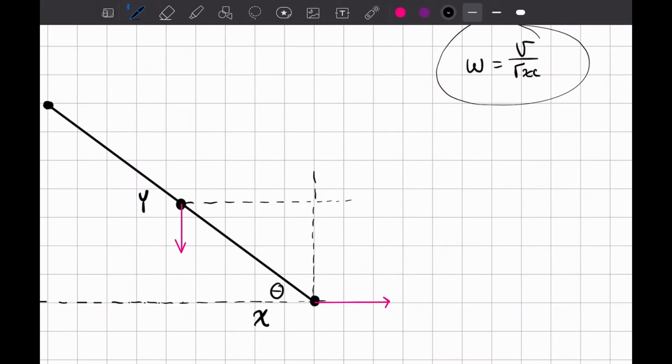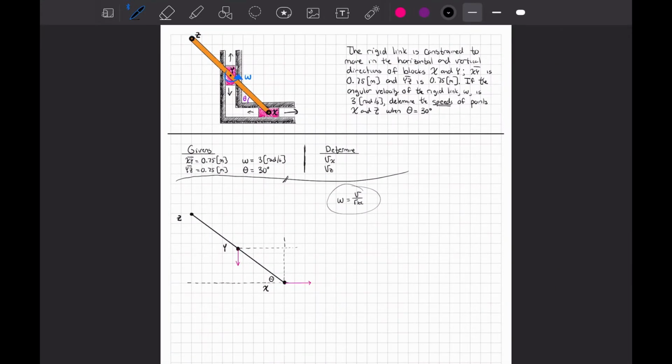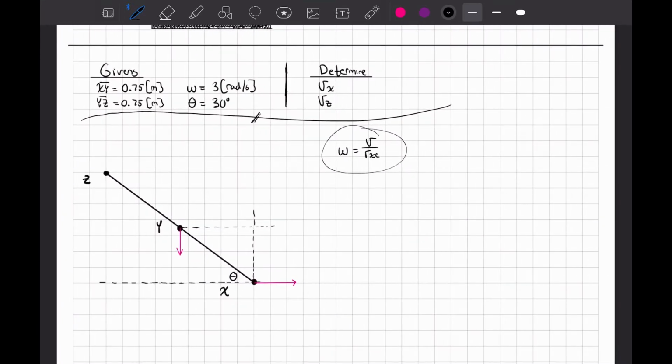So the idea of using this tool, the instantaneous center of zero velocity, is that we are uniquely choosing a reference point that momentarily has a velocity of zero. At theta equals 30 degrees, at this specific orientation, it has zero velocity. So it's not a fixed point; it can change.